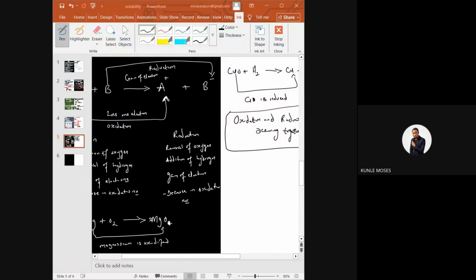Which solvent is best for removing grease stains from clothes? A, water; B, ethanol; C, kerosene; D, dilute acid.